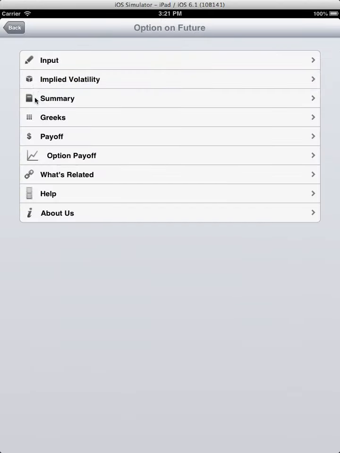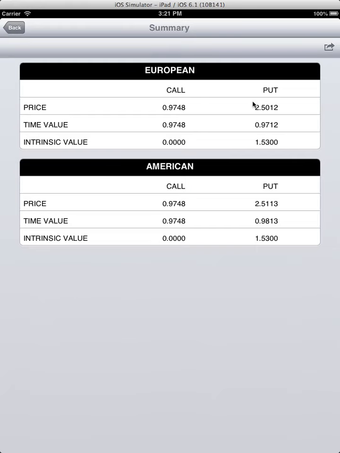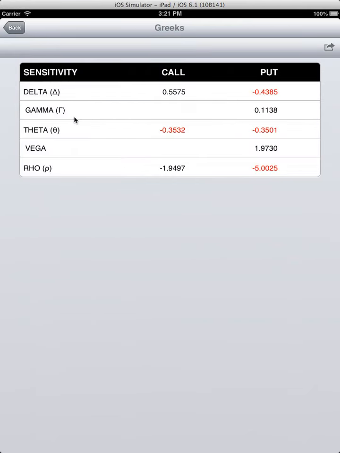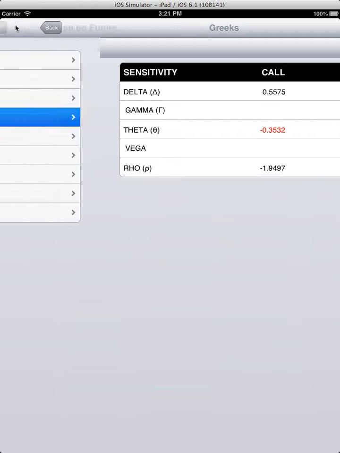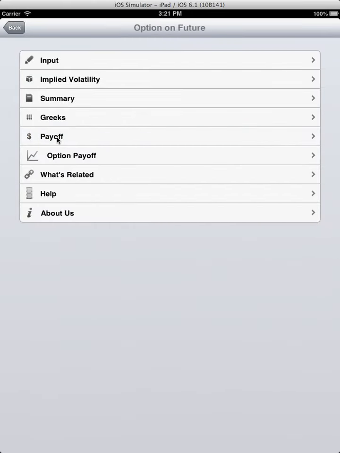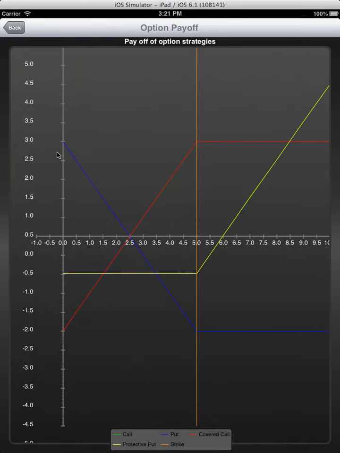And now the summary: the call price, put price, European option, American option, then the time value, intrinsic value. Option Greeks: delta, gamma, theta, vega and rho. Okay, and then there is a payoff chart, and the payoff chart itself of the various strategies.